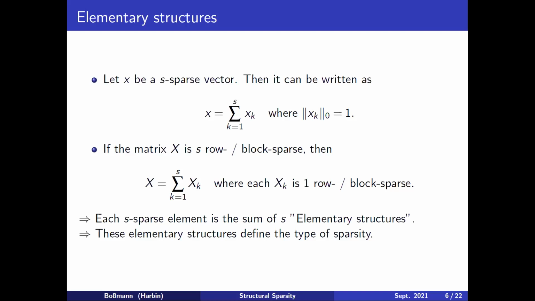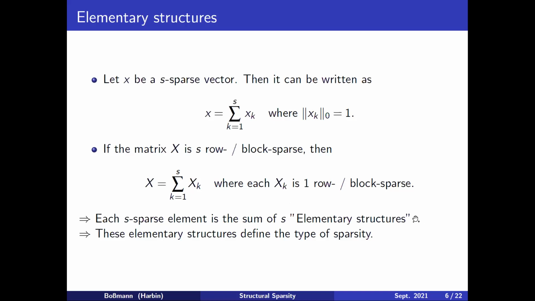That sounds easy. The same for matrices. If you have an S sparse matrix, so either row or block sparse, you can write it as the sum of S matrices, and each of these matrices is exactly one row sparse or one block sparse. And if you do it this way, then these one-sparse elements are what we call the elementary structures.